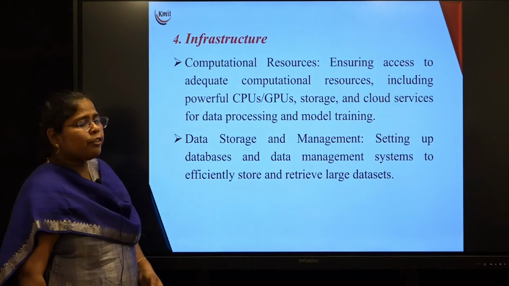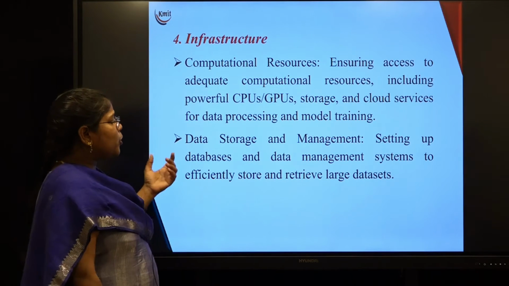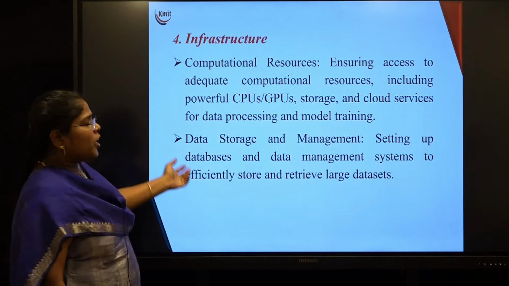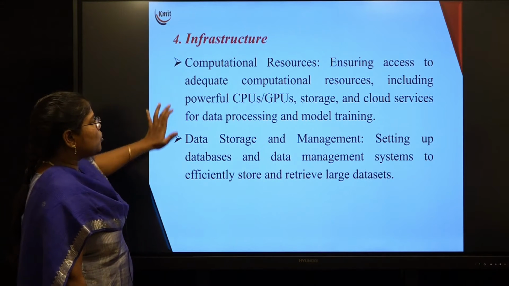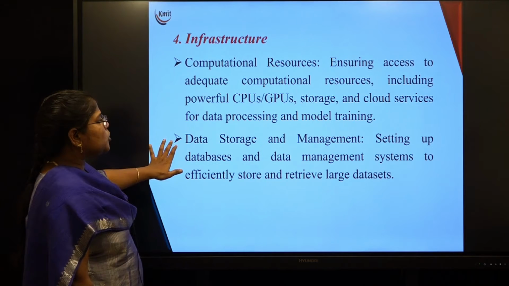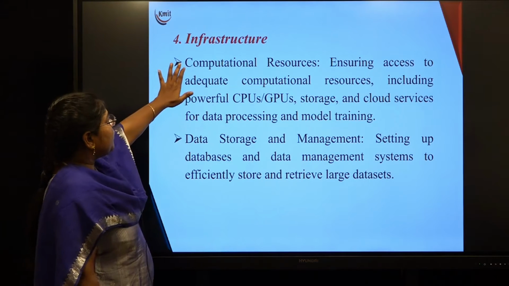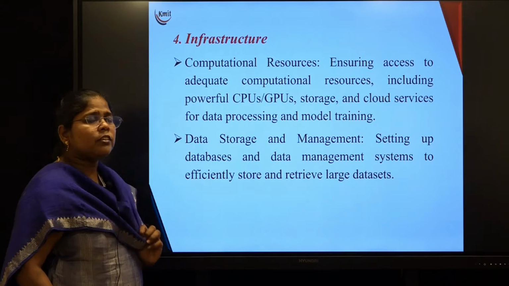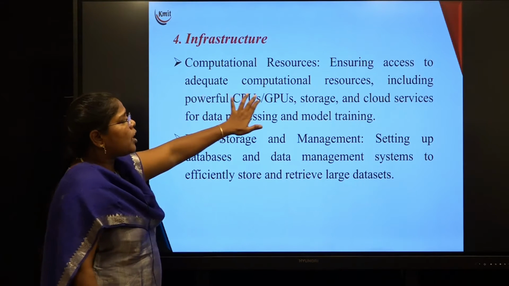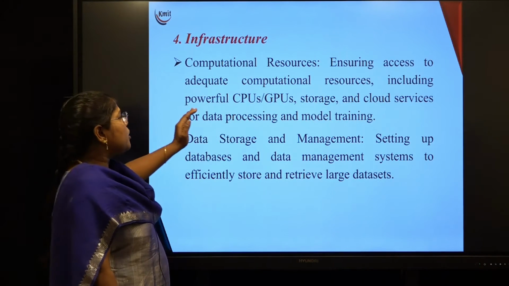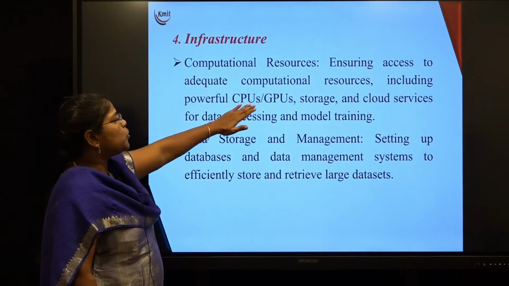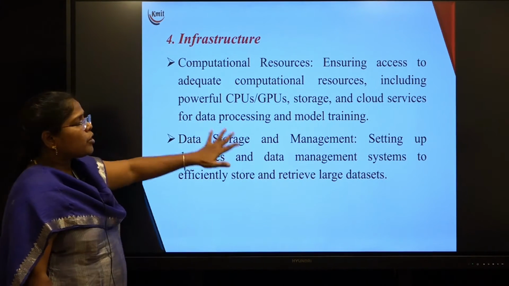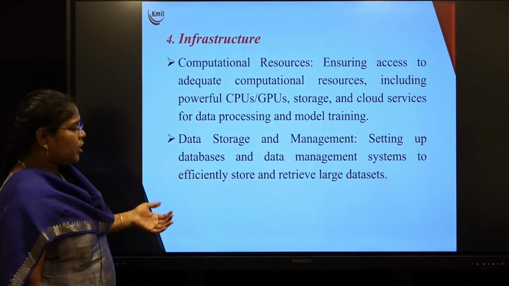Next, coming to the infrastructure. When we talk about infrastructure, two things are very important. One is computational resources, the second is data storage and management. When we talk about computational resources, we must ensure access to adequate computational resources, including powerful CPUs or GPUs, storage and cloud services for easy processing and model training.